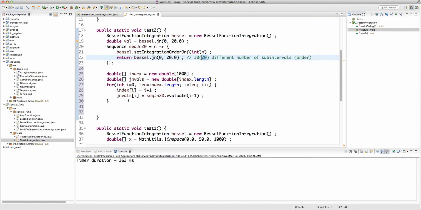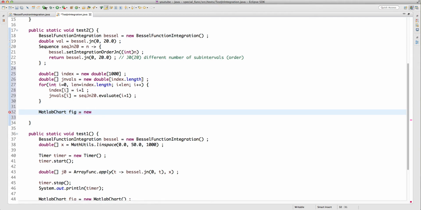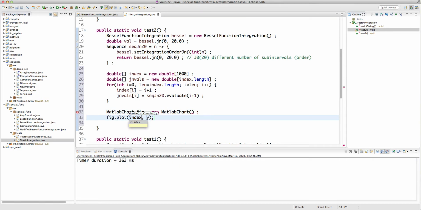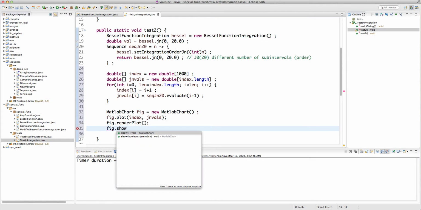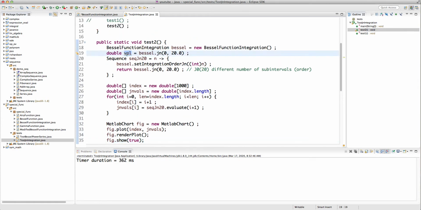And then we have our MATLAB chart, fig = new MATLAB chart, and then fig.plot(index, jnVals), fig.render plot, fig.show with an exit. This val was not necessary to calculate, so let's remove this.